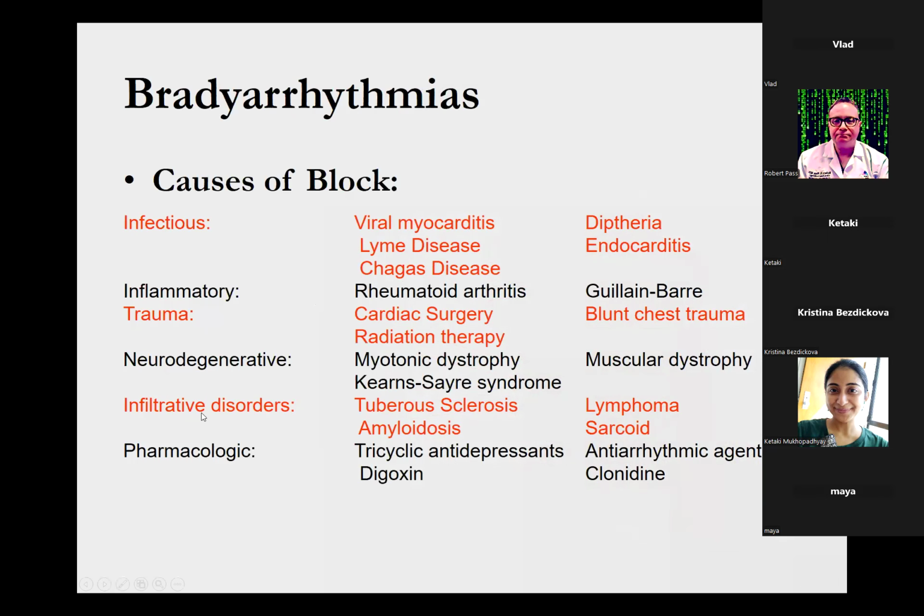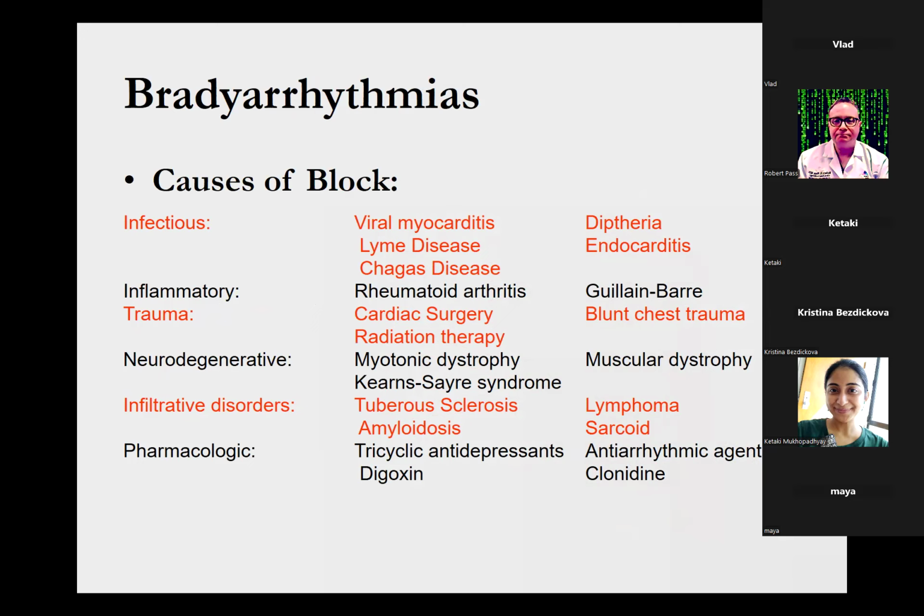Okay, so there are many, many causes of heart block. There are many infectious causes, and this is important because every once in a while someone walks into the office in some form of heart block, and we're always questioning ourselves as to why that might be. So there are many infectious causes, such as myocarditis, which is often reversible, Lyme disease, and in certain parts of the world, Chagas disease is the most common.